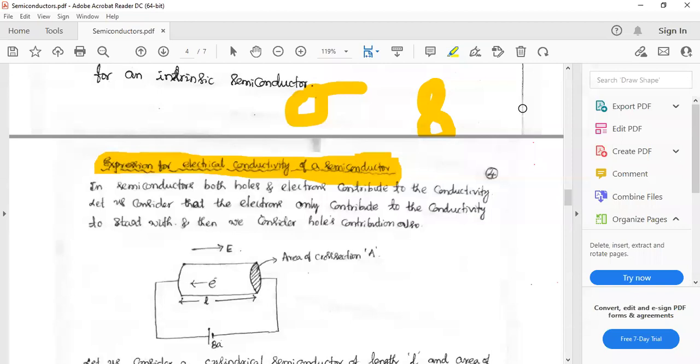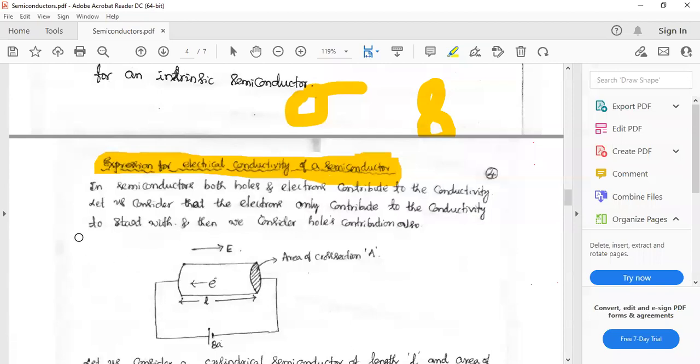Try to follow the derivation, a very logical derivation, and a few new parameters will be introduced in the expression, just like current density. Current density is a new parameter. And then we have a parameter called mobility, the mobility of a charge carrier, which is also new.